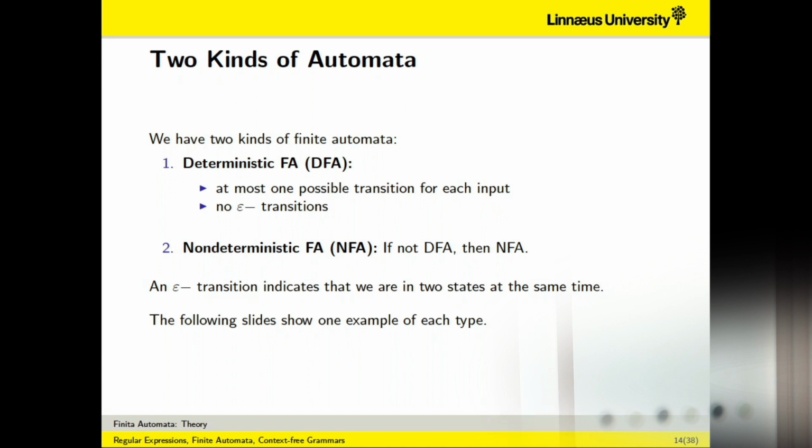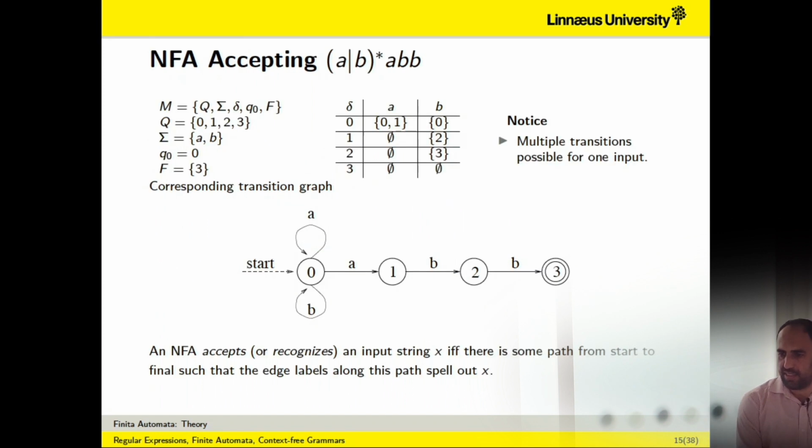For example, if we see this automata, this is our starting state 0, and if I take A as a symbol, I have 2 different paths here. One path leads me to state 1.